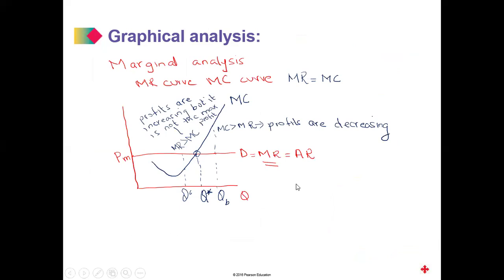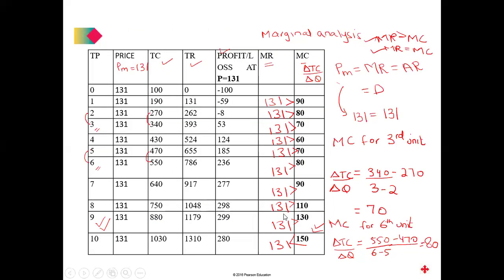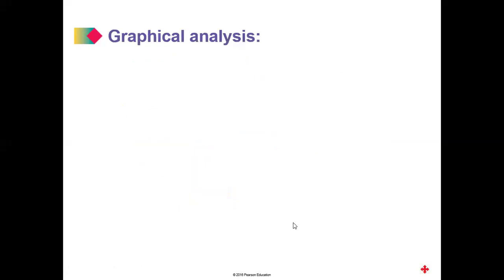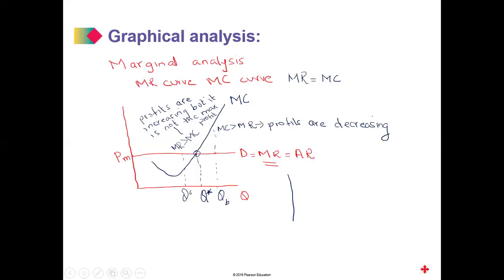Sometimes we can also get a graph like this. This is our quantity. This is our demand curve. This is our MR. And this is our marginal cost curve. So the marginal cost curve can intersect MR, marginal revenue, at 2 points over here.